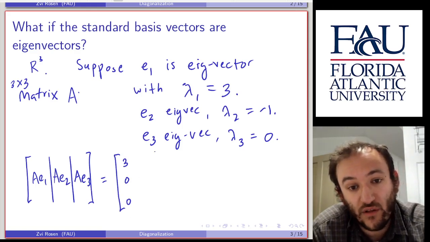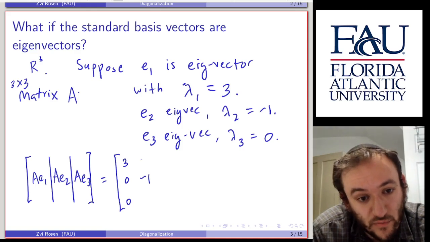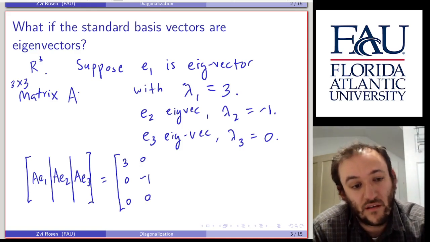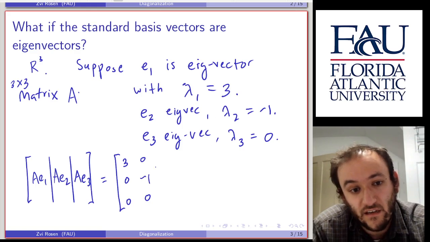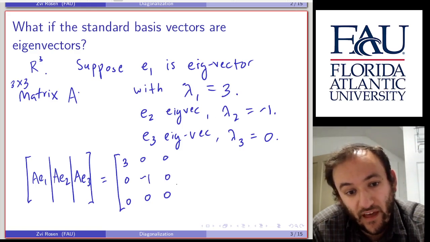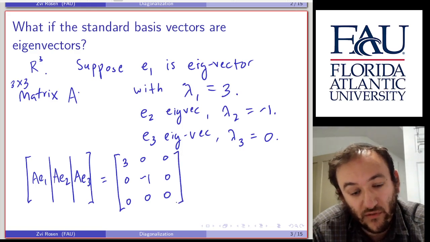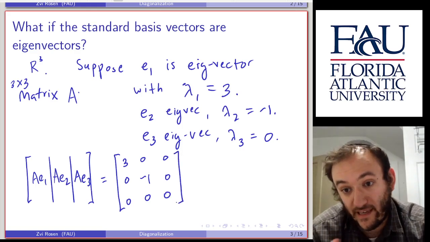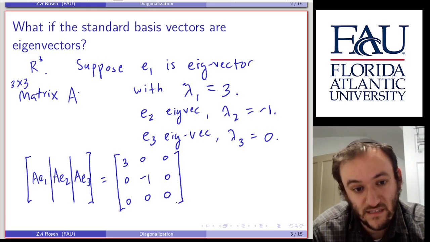How does it act on E2? Well, it just scales E2 by minus 1. So we'll put that in there and you get no E1 or E3. And finally, you have E3 with eigenvalue 0. So when you plug in E3, it gets scaled to 0. So you get 0 back. So it's a 0 column.